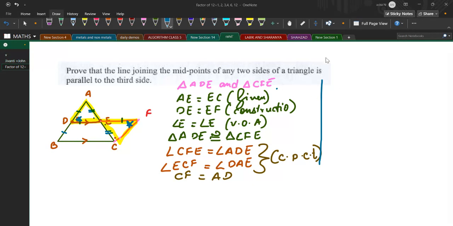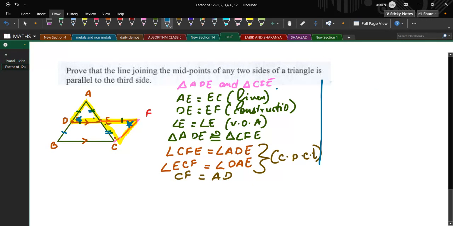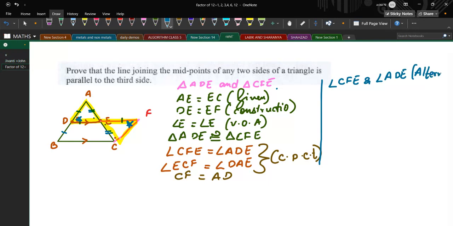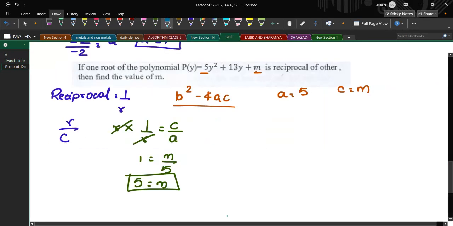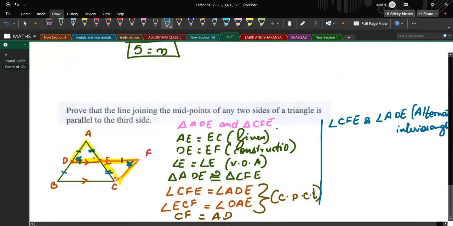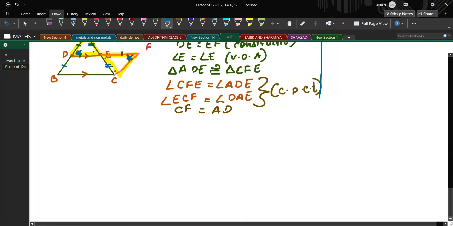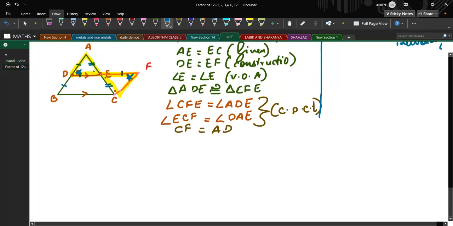I will write the name once again. Angle CFE and angle ADE are alternate interior angles, and they are equal also. That is another piece of information you can see here. Now let's proceed with this.